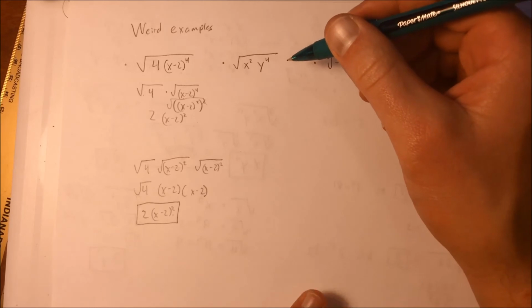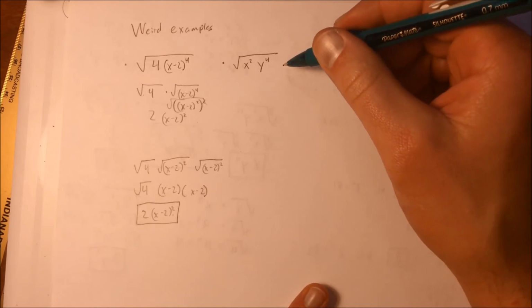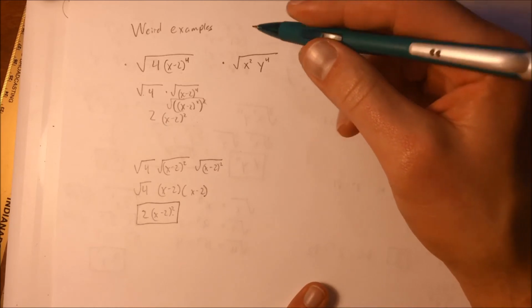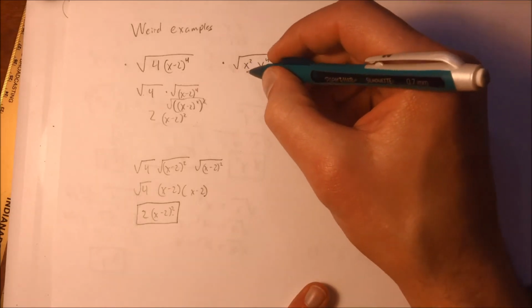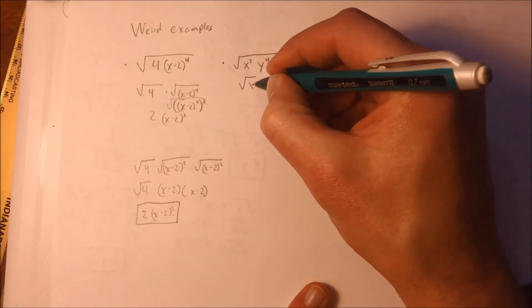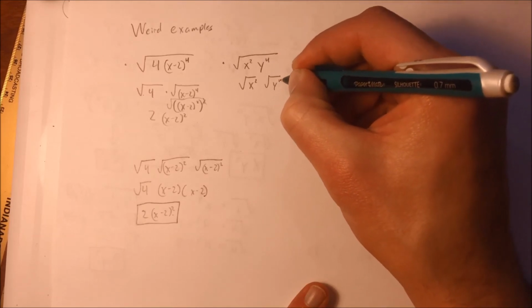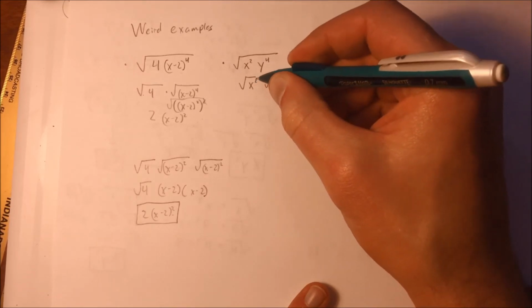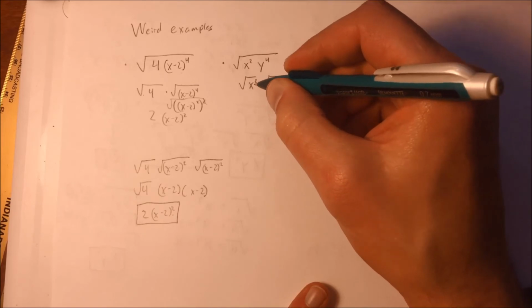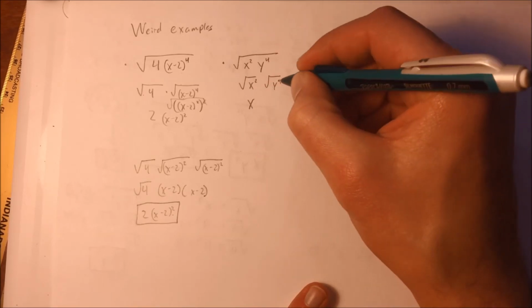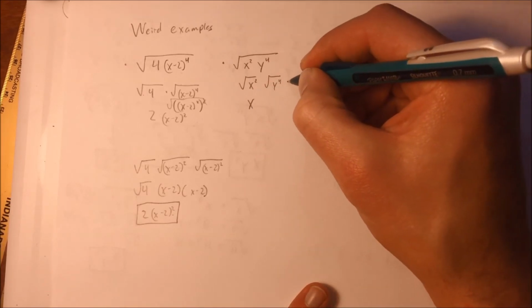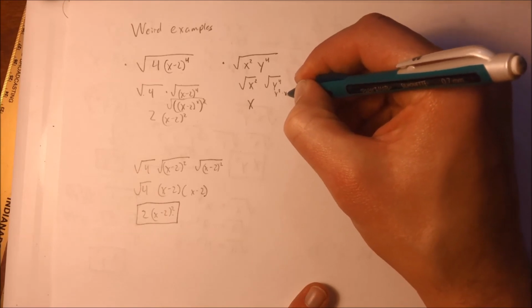Now, this next part's kind of strange at first glance, but if you think about it mathematically, it makes sense. I'm going to split this up into square root of x squared and square root of y to the fourth. So the square root of x squared is just going to be x. Square root of y to the fourth, well, I can rewrite this as y squared times y squared.